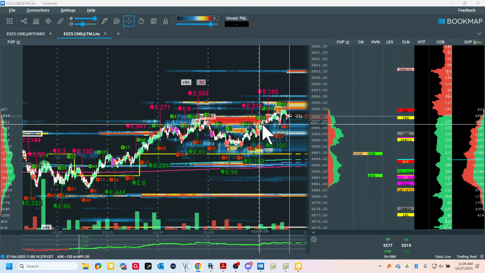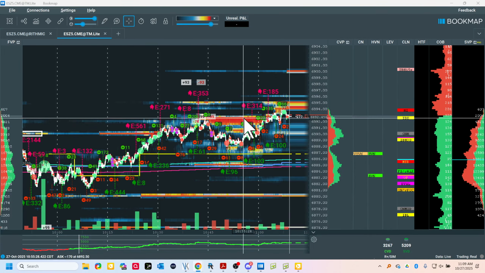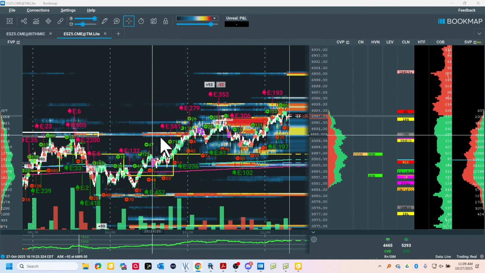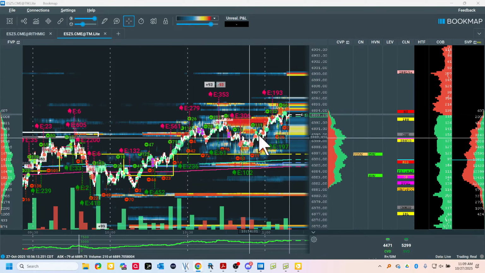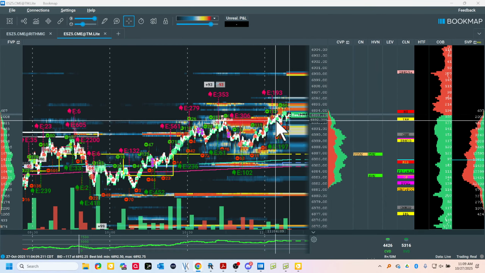I find for myself, I am not a mechanical trader. And I know that even though we've taken out the first hour's high, which suggests continuation, I'm a very cautious trader in this environment. I don't feel compelled. I'm just talking about me. I don't feel compelled to trade if it's not to my advantage.